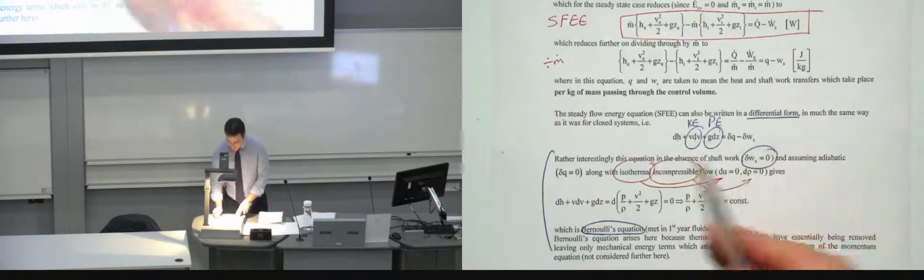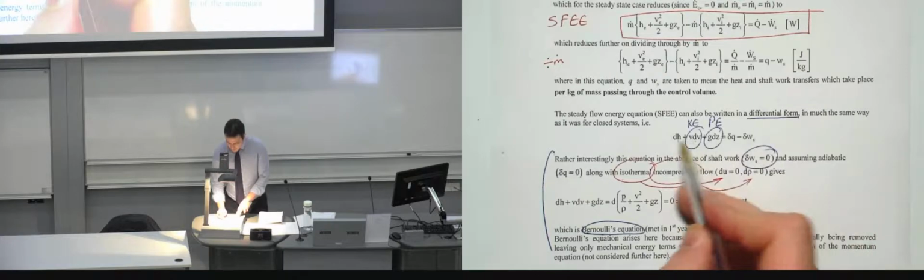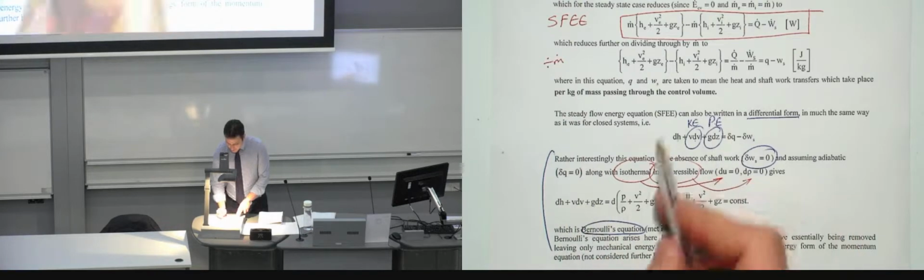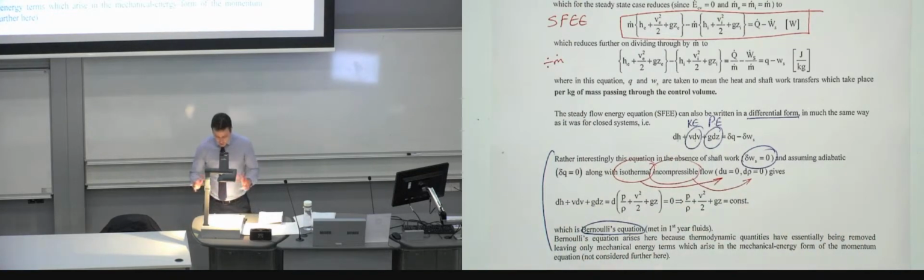And that equation actually reduces to, first of all, the right-hand side will be equal to 0. The left-hand side, what you end up with, you've got dH, v dv, g dz from here. These are the non-zero terms. And this will be written as what you see here.